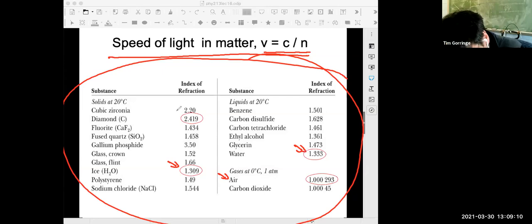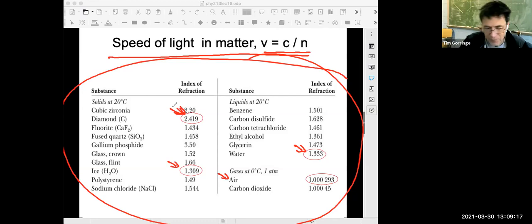In diamond, I don't have any diamond, but I know somebody that does. In diamond, the refractive index is 2.4. It's one of the largest refractive indices that we know. And that means that light travels much slower in diamond, more like 1 times 10 to the 8 meters per second.